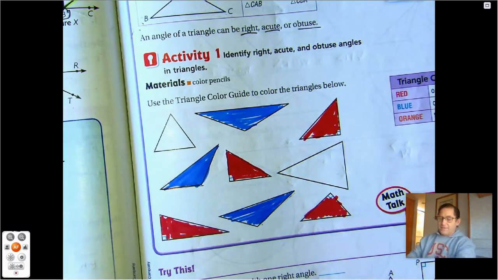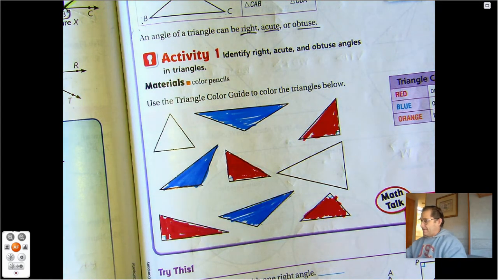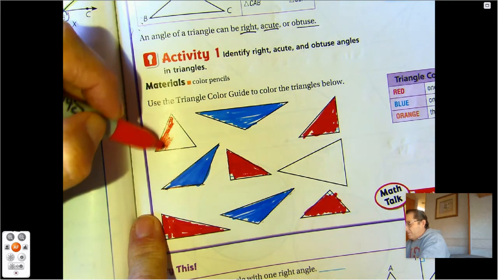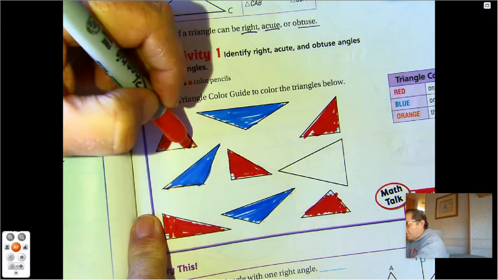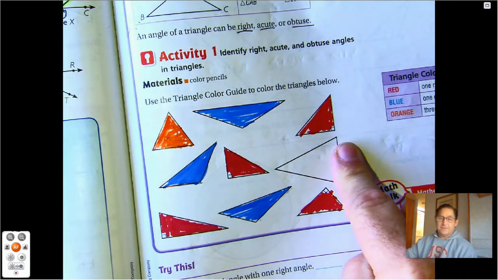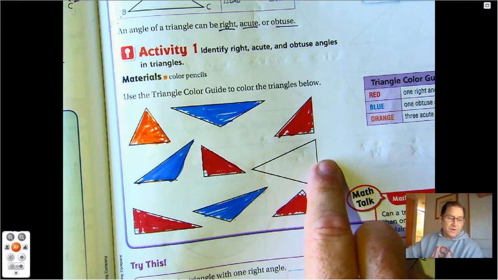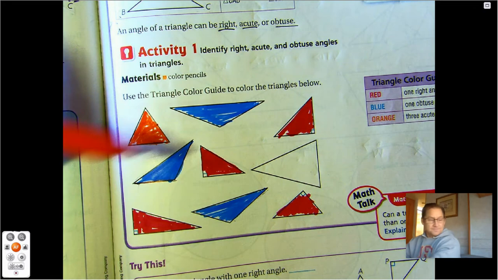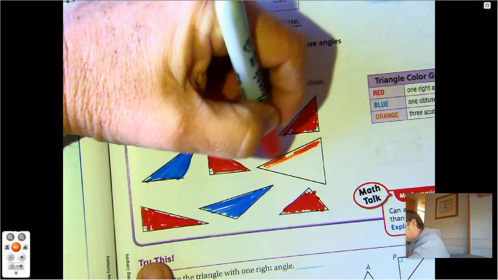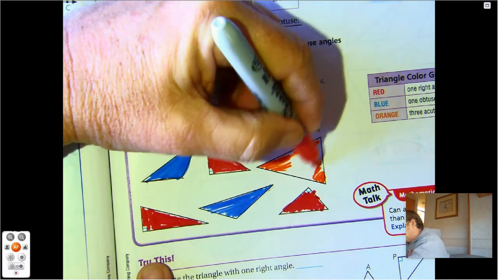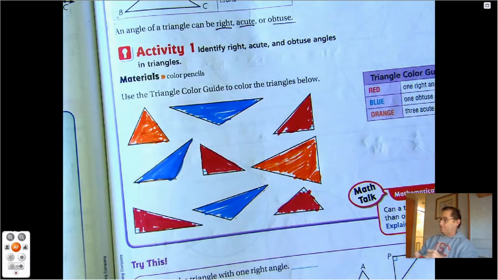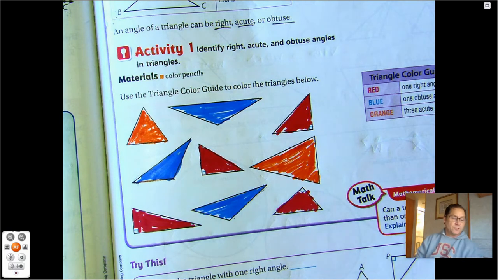Okay, and then we already said that this was an acute triangle. All three of its angles were less than a right angle. And this one here is going to be acute as well. Okay, so that's what those should look like.